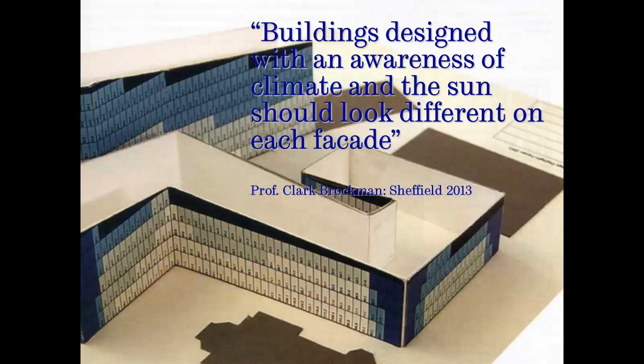And what Clark Brockman was making the point of here is that you simply can't do that. In terms of sustainable design, your north, south, east and west facades should look completely different because your sun is different throughout the year. Okay? So I'll finish on that, just something to bear in mind as you progress into your design studios.